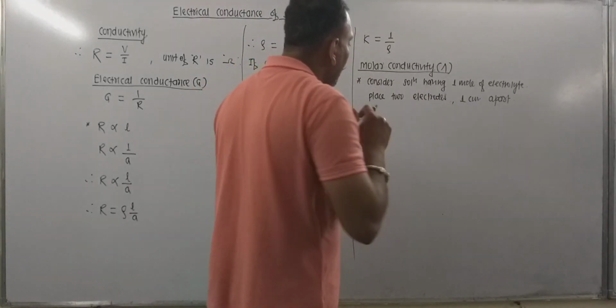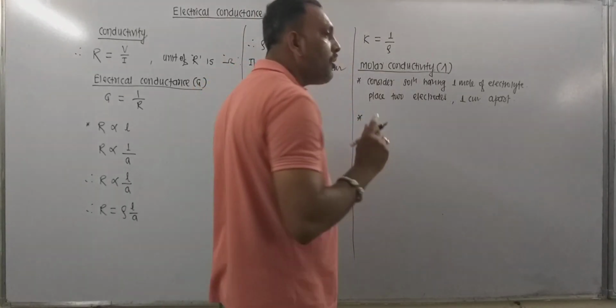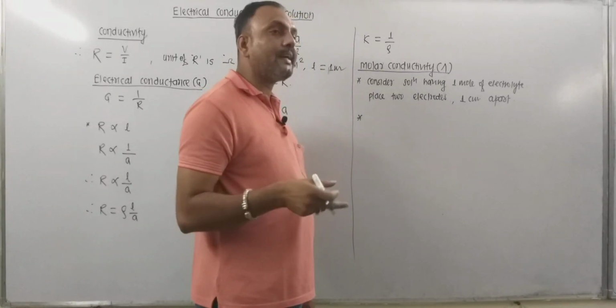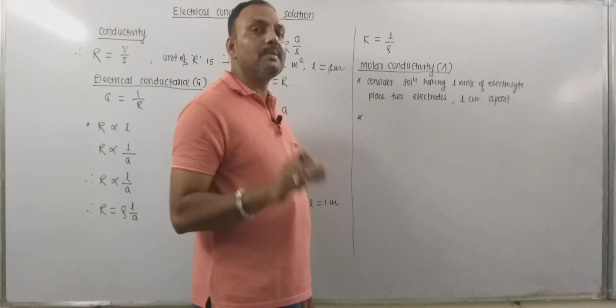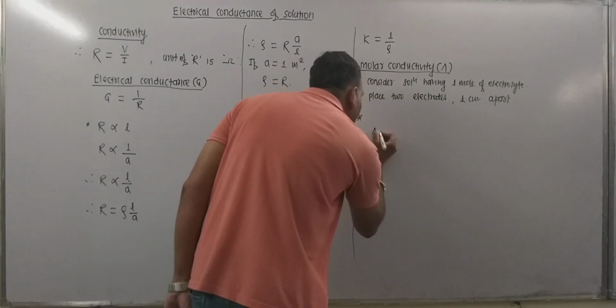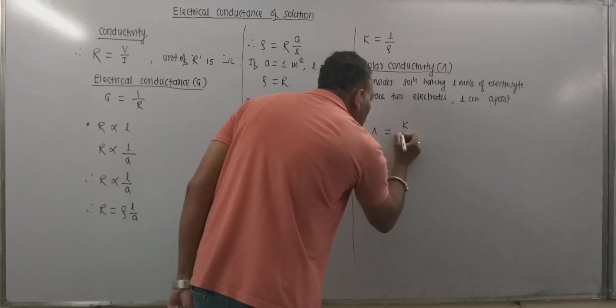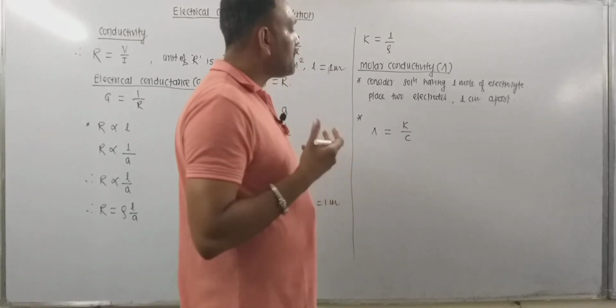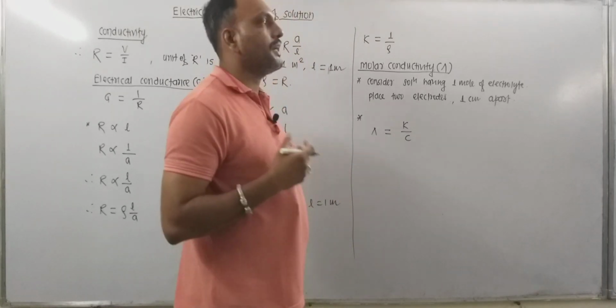Another big thing, molar conductivity is the electrical conductivity divided by the concentration. Thus, one can say lambda is equal to K by C, where K is conductivity and C is the concentration.